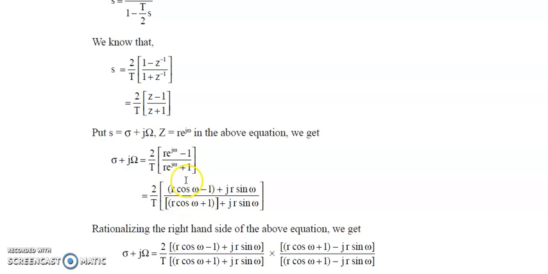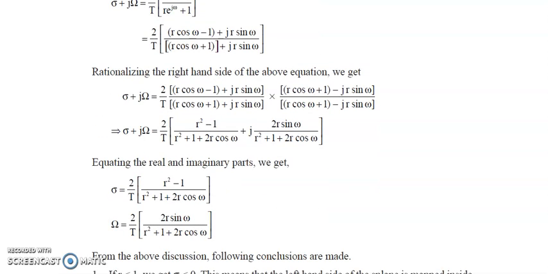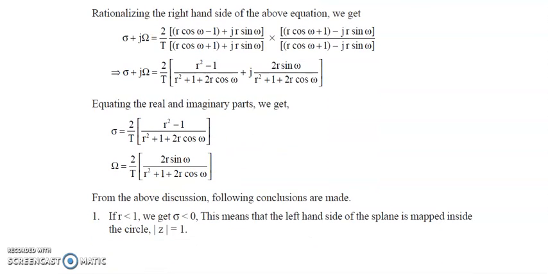So just separate the real and imaginary parts. So you will get like this. Okay, then rationalize both. If you rationalize both, multiply the numerator and denominator by this component and do a little bit of manipulation, you will get this term. Separate the real and imaginary parts, you will get this term. Okay, so compare the real part with sigma, compare the imaginary part with omega. So you are getting this.